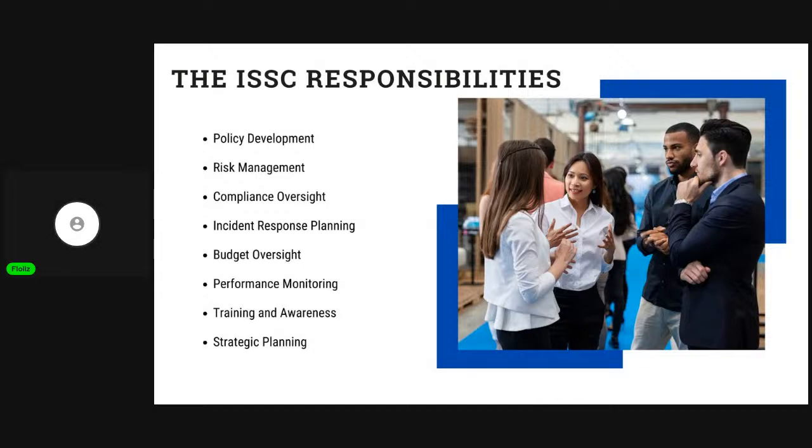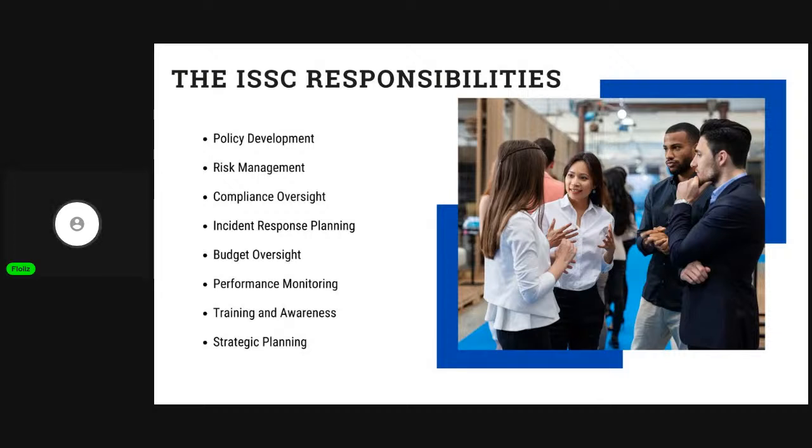Also, in terms of budget oversight, the committee will also approve budgets, review budgets, and send this to the board of directors for their final approval. Because the committee will also have needs in terms of training, in terms of technology adoption.